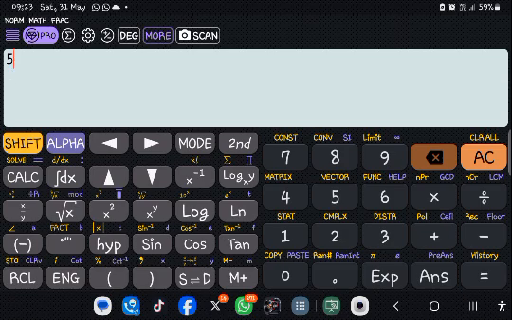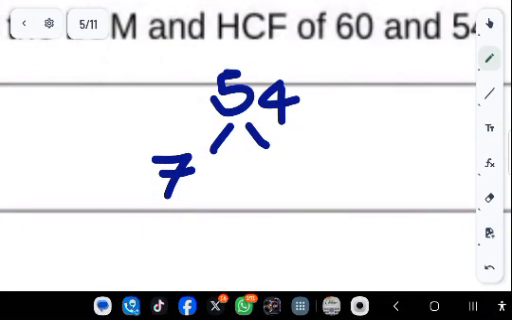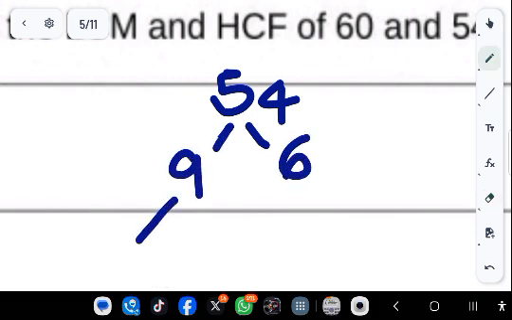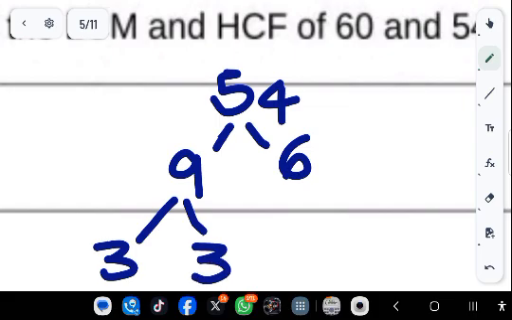No. 54 divided by 6, let's try. Yeah, it works. It's 6 times 9. 9 is 3 times 3 and 6 is 3 times 2.